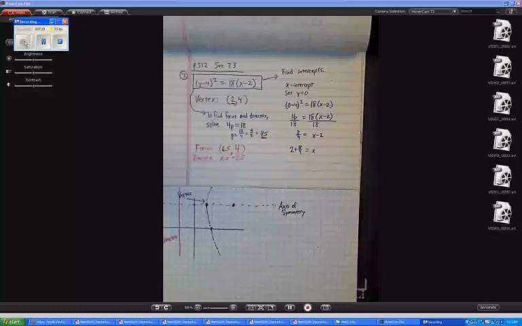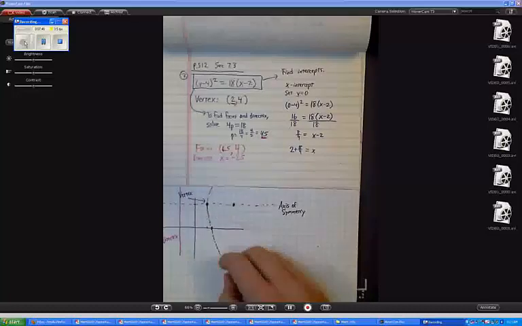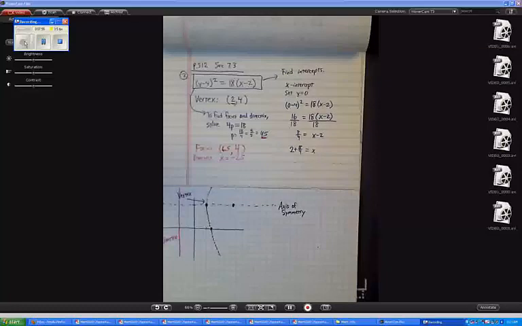Oh, the endpoints of the latus rectum. What's that? So, go ahead, what? That's right. If you drew it, it kind of tells you how wide this parabola is going to be. And the nice thing about putting it in this form, okay, is that you have the latus rectum also.